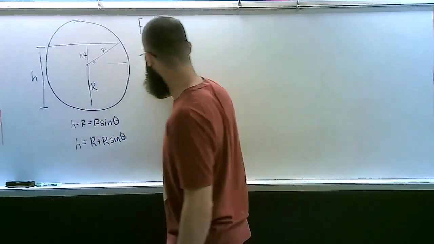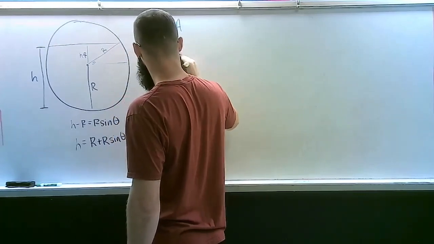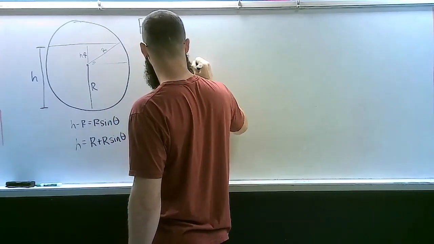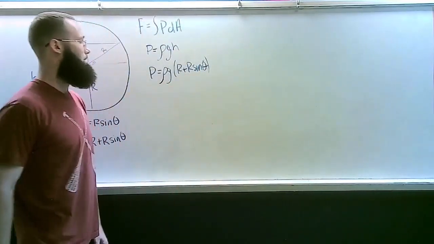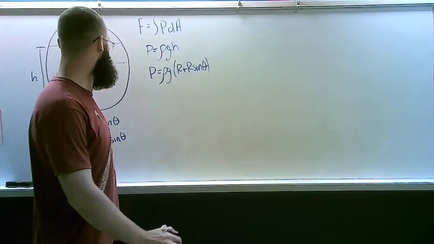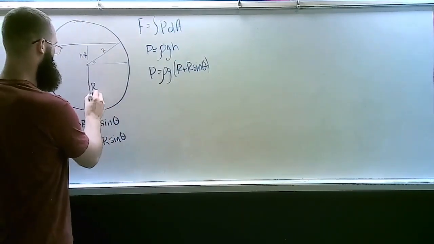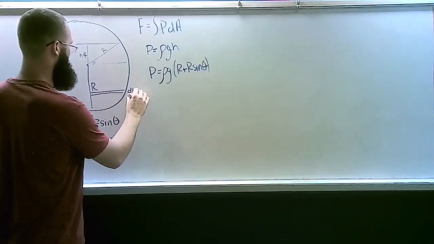So now we can plug this in here. The pressure is equal to rho g times r plus r sine theta. And now we need to figure out what this differential area is going to be. So I'm going to make some differential height here.